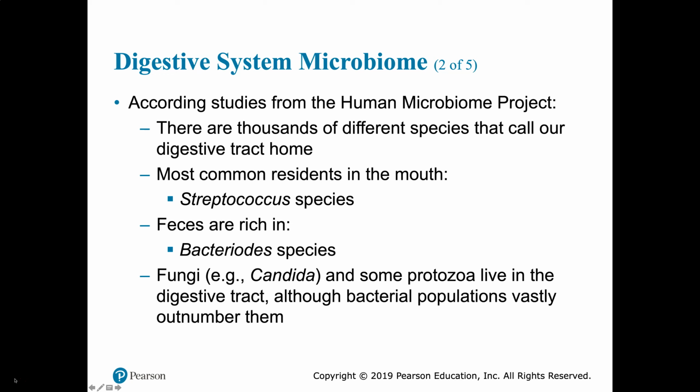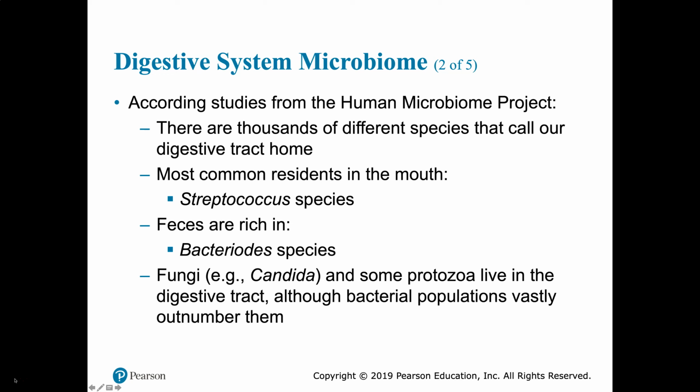Most common in the mouth is Streptococcus. Most common in our feces is Bacteroides. We also can find some fungi and some protozoa that live in the GI tract, although it's mostly going to be bacterial populations. Very few fungi and protozoa live in the GI tract.